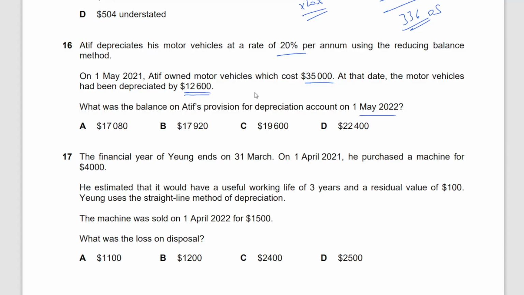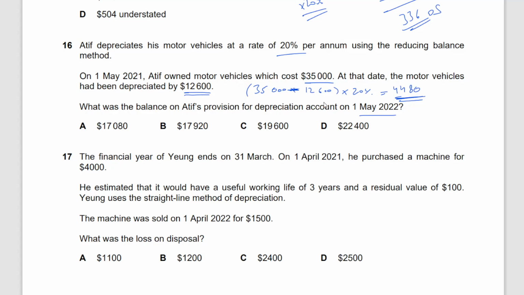Now we'll calculate the new depreciation, which is going to be 35,000 minus 12,600, the net book value, times the percentage, 20%. 35,000 minus 12,600 is 22,400, times 20% is 4480.